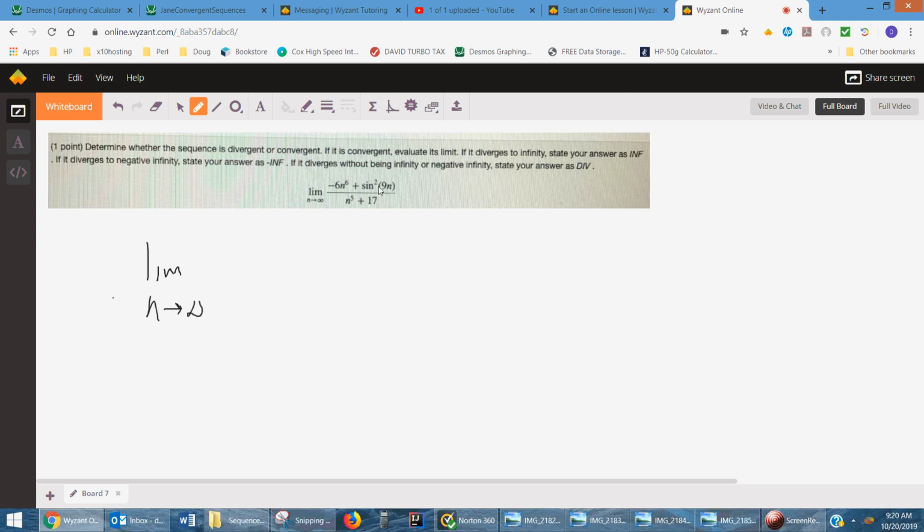But if I divide every term of this function, top and bottom, by n to the fifth, the biggest value in the denominator, I would get negative 6n plus sine squared of 9n over n to the fifth, all over 1, because I'm dividing by n to the fifth, plus 17 over n to the fifth.